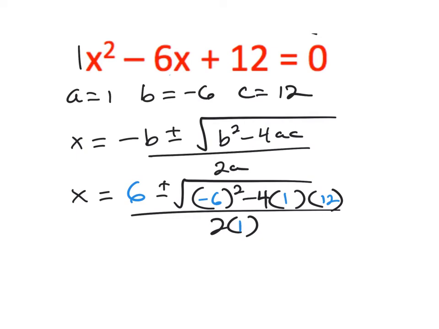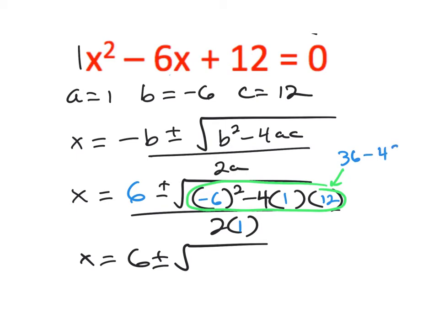So if I simplify this, I get x equals 6 plus or minus the square root. And now focusing on the inside part here, the radicand part, if you square that negative 6, it becomes positive 36, but then it's minus 4 times 12, which is minus 48. And so underneath there, we actually get negative 12 underneath, all over 2 times 1, which is 2.